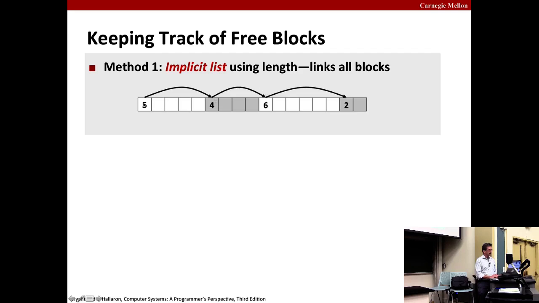Here's a block of size 5, so we know that the next block starts at an offset of 5. With the second block, we know that the next block starts at an offset of 4, and so on. We call it an implicit free list because there's no real list of free blocks, but we can traverse all of the free blocks in the heap by traversing all of the blocks and just ignoring the allocated blocks.